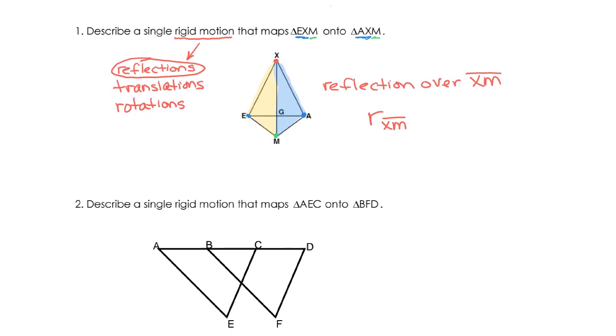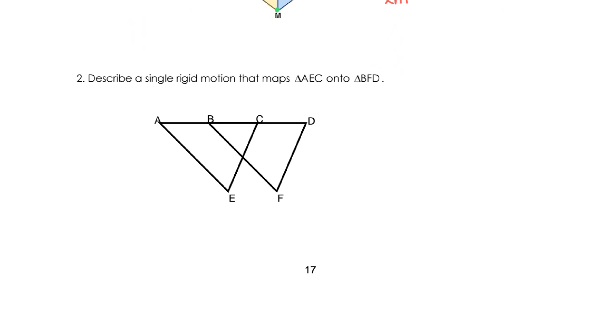Okay, all right. We'll go down to number 2. It says describe a single rigid motion that maps triangle AEC, so this triangle here, needs to become triangle BFD. All right.